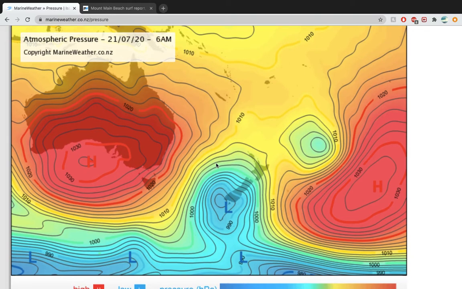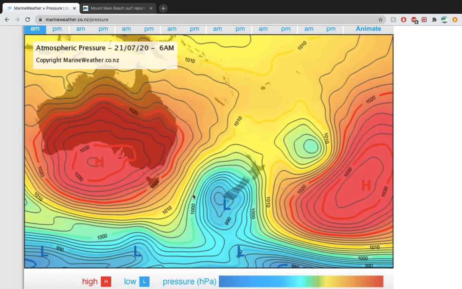Just looking at this map, we can see that there's this big anticyclonic weather system. The wind is going to be flowing right across the southern part of Australia, and it's going to be going all the way up in this sort of motion.